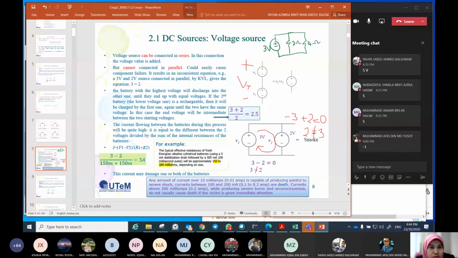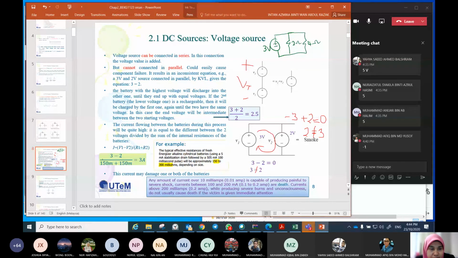The current flowing between the batteries during the parallel arrangement will be quite high. It is equal to the difference between the two voltages divided by the sum of the internal resistance of the batteries. In a battery, we have internal resistance. So how to calculate the current?